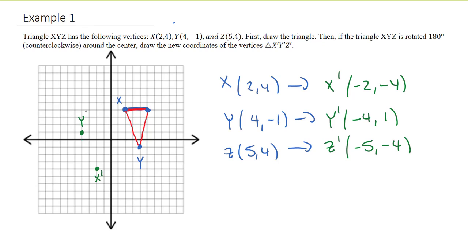Now we have our Y prime. That's not Z. Now we can go ahead and graph our Z prime. So that's (-5, -4). So we go over 1, 2, 3, 4, 5, and then down 4. 1, 2, 3, 4. This is our Z prime.